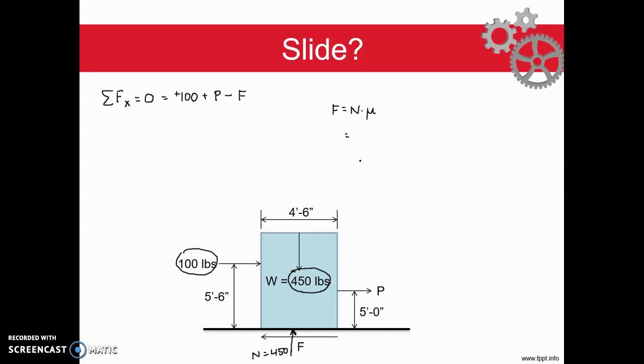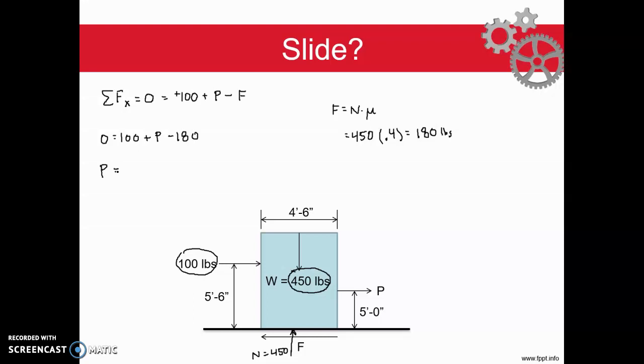So we're going to have 450 pounds of normal force times our coefficient of friction, which the problem statement said was 0.4. So that is equal to 180 pounds. So this equation back here becomes 0 equals 100 plus P minus 180.